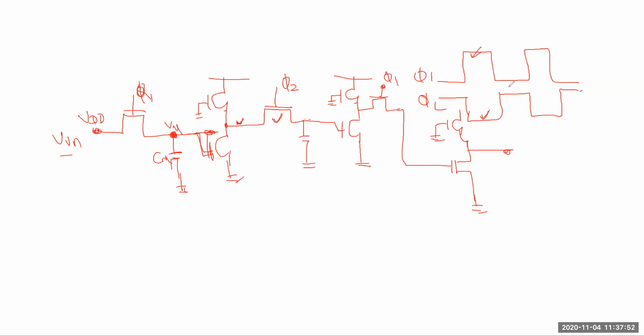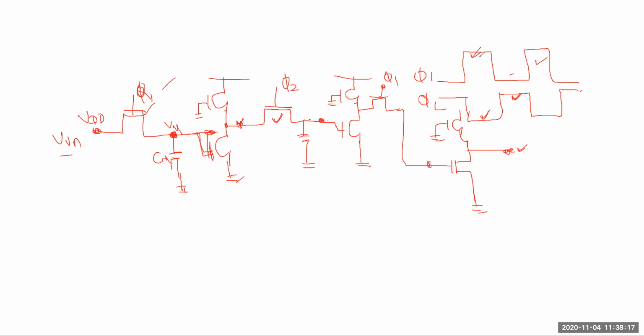When another clock cycle comes, this will be off, this will be off, and this will be on. So whatever the signal is here will pass to here, and it will retain that value. In the next clock, this signal will pass to here and come to the output.